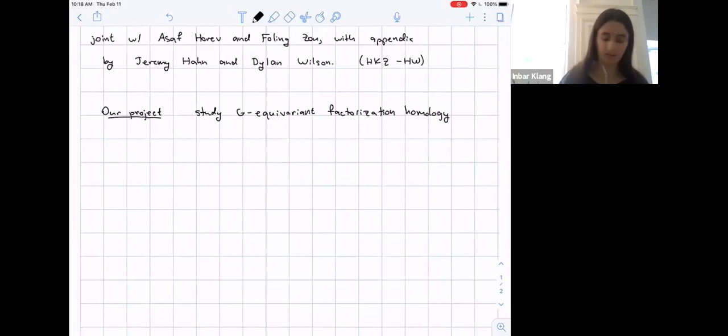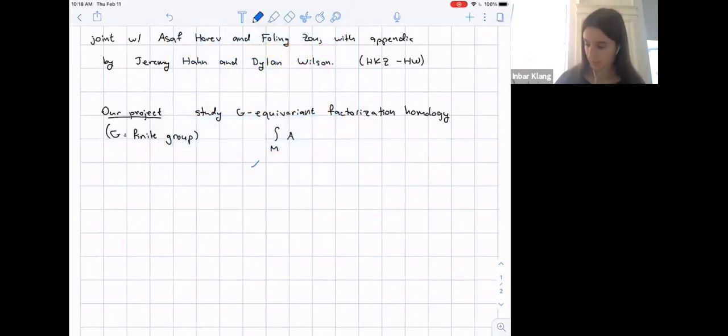Here, G is a finite group. We usually denote factorization homology with this integral symbol.